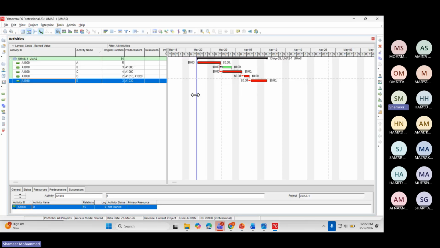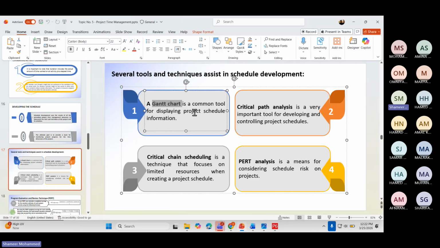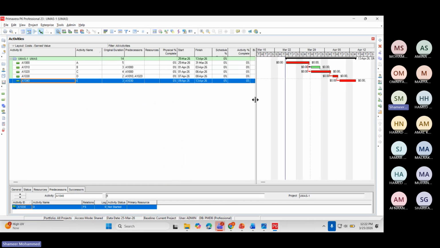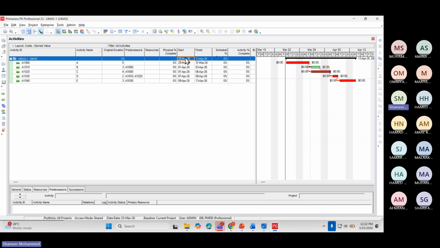Gantt chart is this one. It shows you the activity starting on which date and ending on which date. Each activity is displayed here, the schedule of the activity, starting date, ending date. This is the start date of the project. This is the ending date of the project.